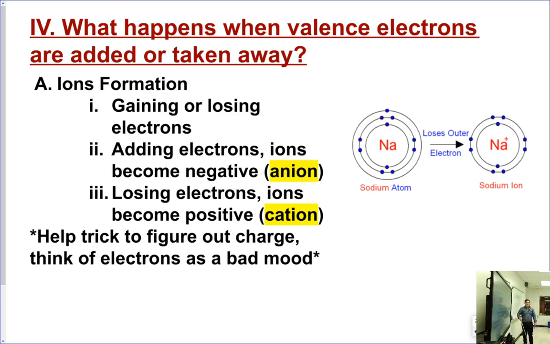Anion and cation. Here's the really easy way to remember which one's which. Cation has a positive charge. And how do you spell cation? With a T. The positive is in the word. Okay?